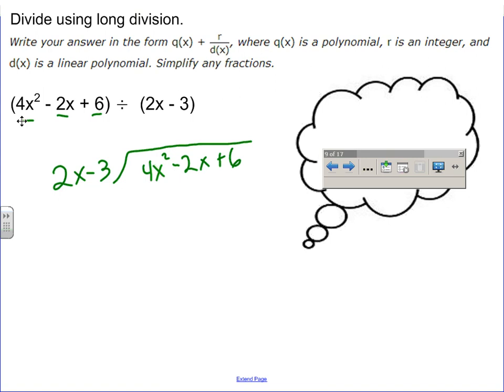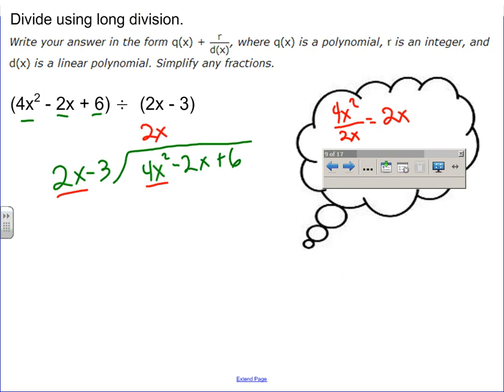Step 1 is done, no 0 placeholders. Step 2, we set it up. Step 3, we divide the lead coefficients, or the leading terms. So I need to do 4x squared divided by 2x, which is 2x.